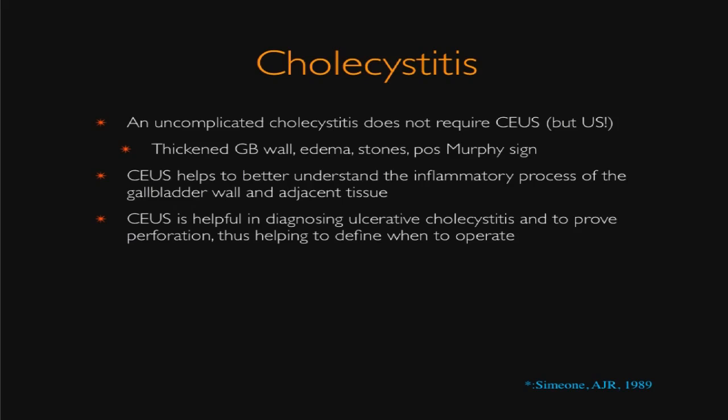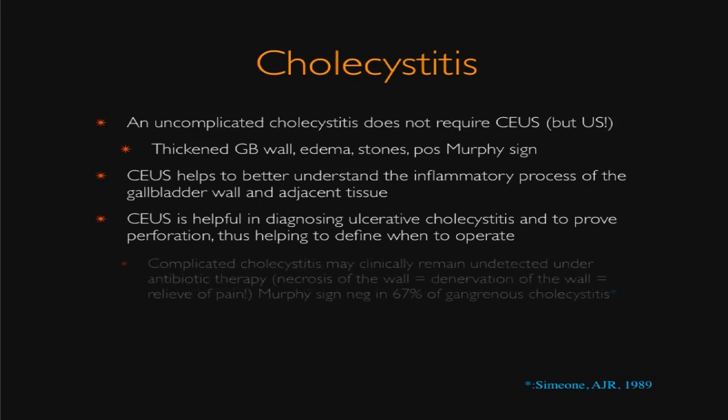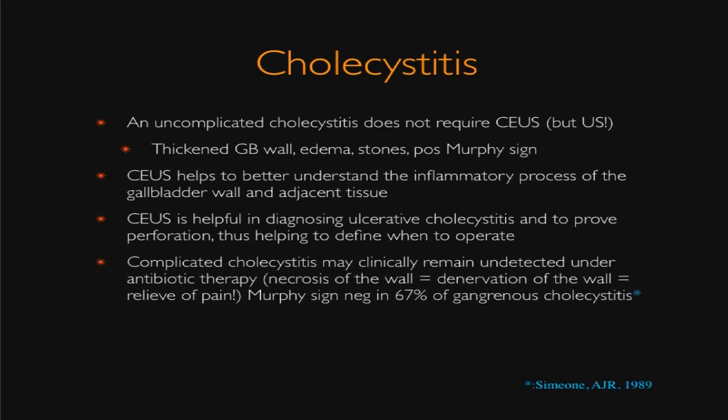So this is the big advantage, because many of these patients, when they come to the hospitals, have already received antibiotics. And that will diminish the pain and the symptoms of the patient. Even laboratory findings are not that reliable. So complicated cholecystitis may clinically remain undetected under antibiotic therapy.